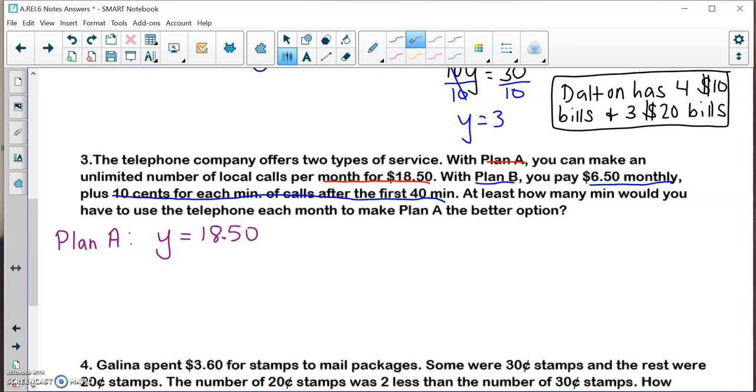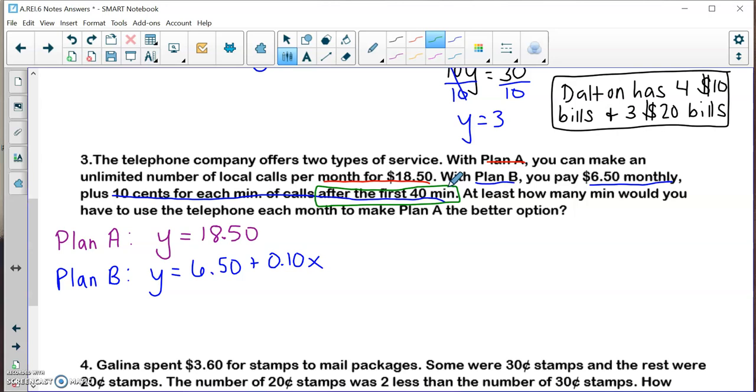Now, for Plan B, your total cost Y would equal $6.50 for the month plus 10 cents, so the value of 10 cents is 0.10, times the number of minutes that you are using to make calls. But keep in mind, we'll deal with this later, this is after the first 40 minutes.